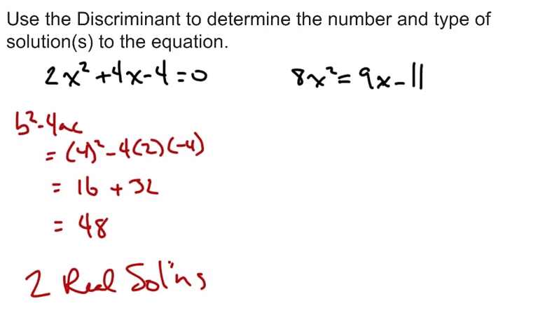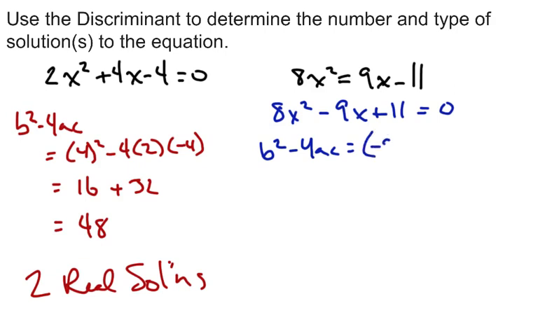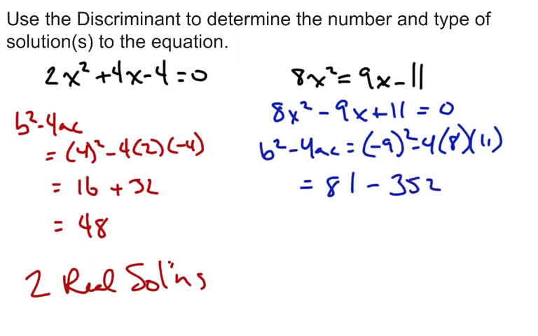For the second example, we would need to get it in standard form first, so subtract 9x and add 11 so that we get it equal to 0. Then find b squared minus 4ac, which is going to be negative 9 squared minus 4 times 8 times 11. 81 minus 352, which leaves us with negative 271.